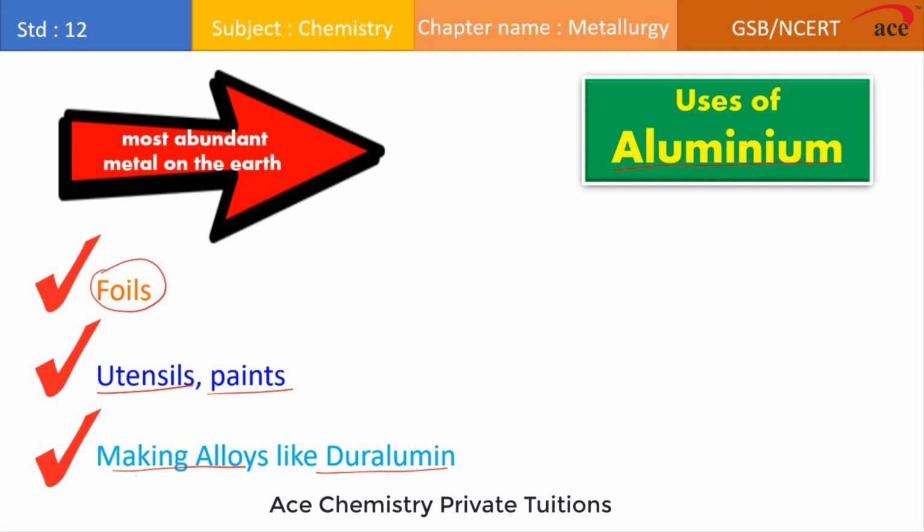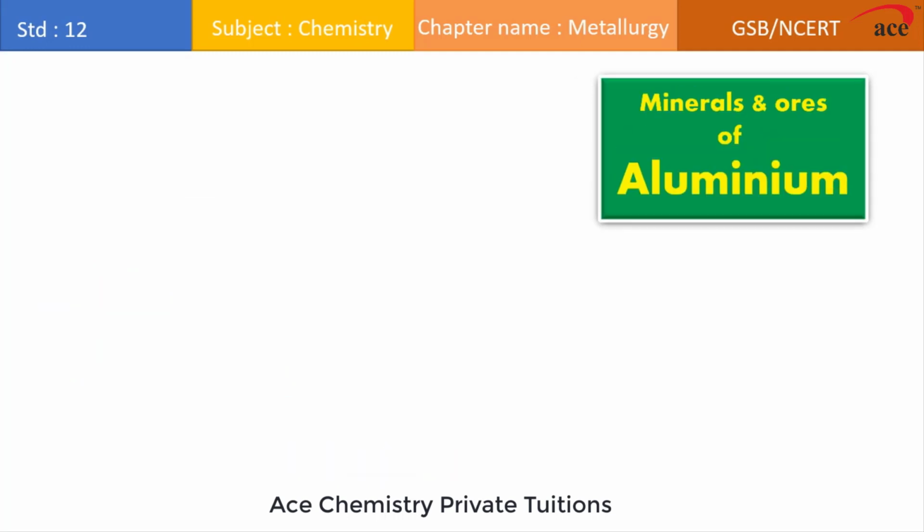We all know that for extraction of any metal, we require its appropriate minerals. The most important mineral from where the metal is extracted, that is the ore of aluminium, is bauxite. So it is important for us to know the formula of bauxite.